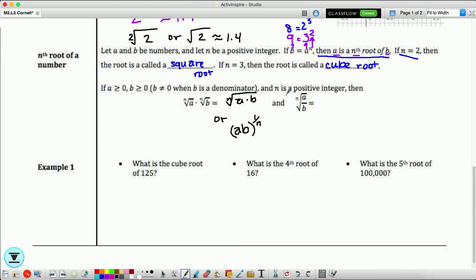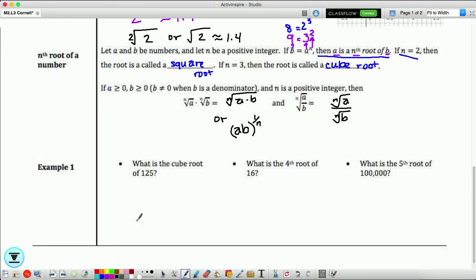So if I looked at this, it would be a similar thing. I could separate this to be the nth root of a divided by the nth root of b, right? Either way, we can combine and separate these because they have the same root.